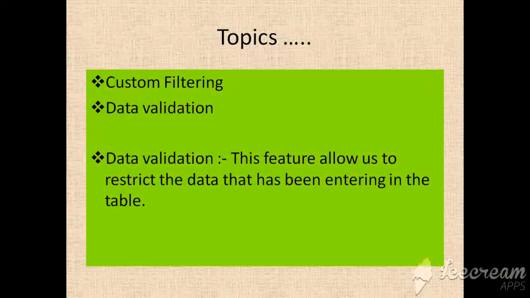Suppose in the phone number column, I will just show you, you cannot enter any alphabets. It will restrict you from entering the alphabet. This is called validation, right? So let's quickly go to the Excel sheet and apply these two features and learn how we can apply this.